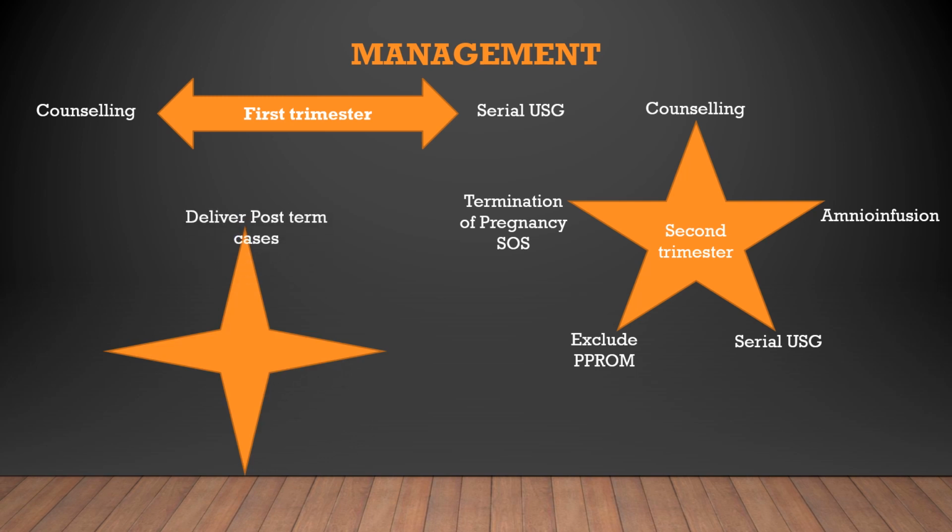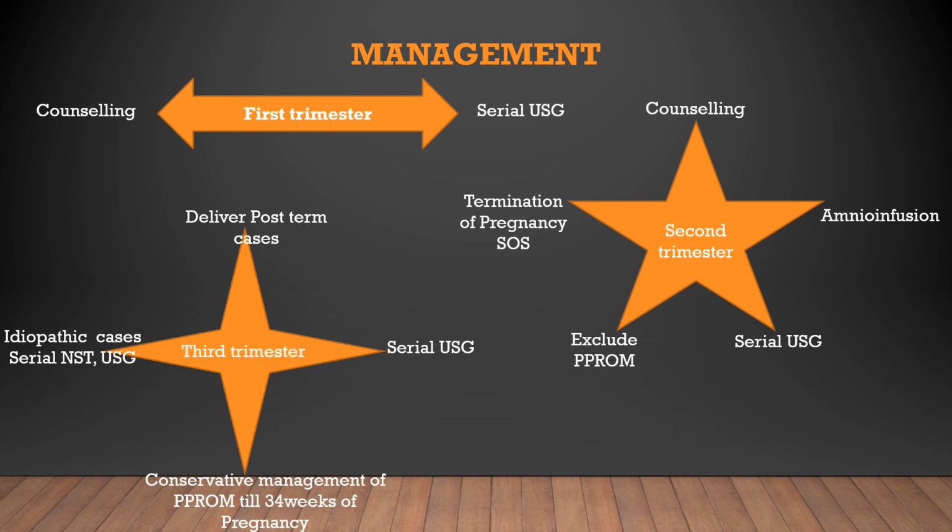In the third trimester, if it is a post-term case, then we should go for delivery and serial USG. Then conservative management of preterm pre-rupture of membrane till 34 weeks of pregnancy. And lastly, idiopathic cases, where we don't know the cause of oligohydramnios, then you have to go for serial NST and USG to know the baby's condition.